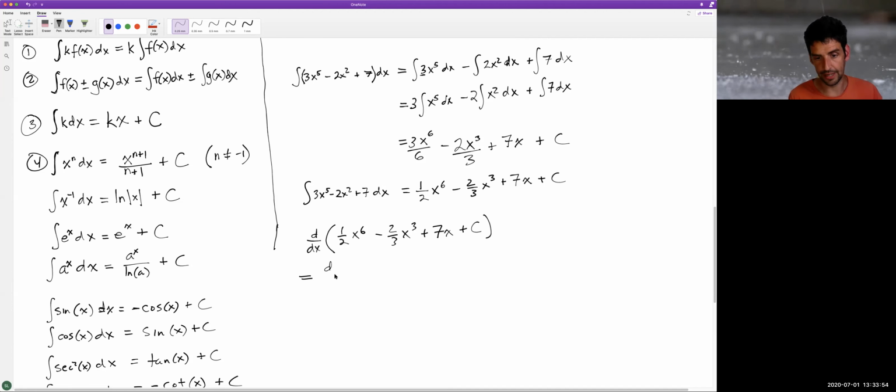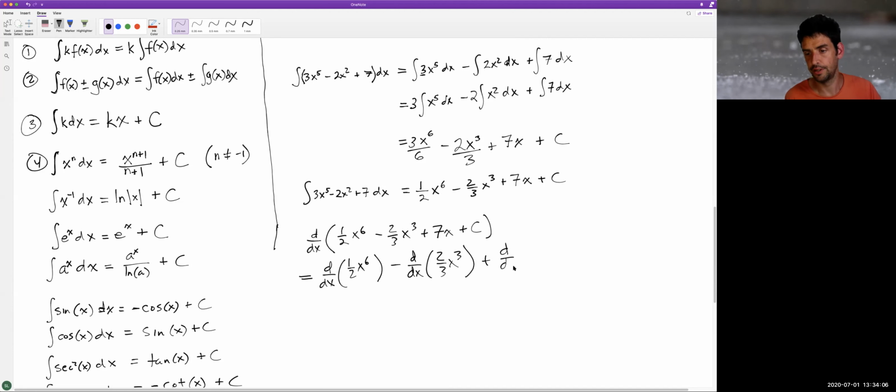All right, so I can take each derivative individually, using rules of derivatives. All right. Derivative of 1/2 x to the 6th.